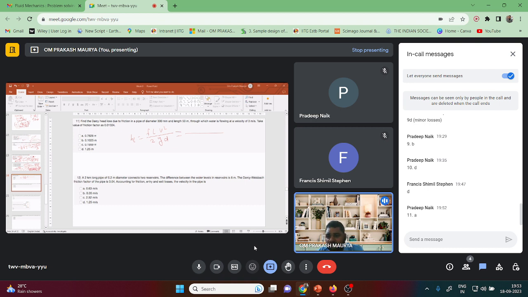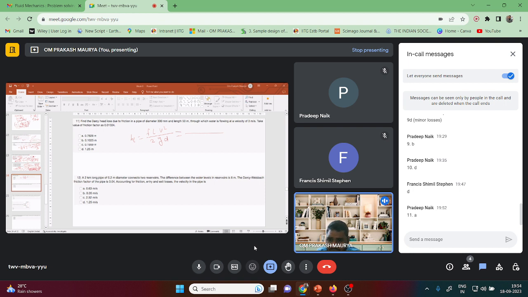So question number 12 you can also attempt. A 2 kilometer long pipe of 0.2 meter diameter connects two reservoirs. The distance between the water levels in the reservoirs is 8 meters. The Darcy's friction factor of the pipe is 0.04.